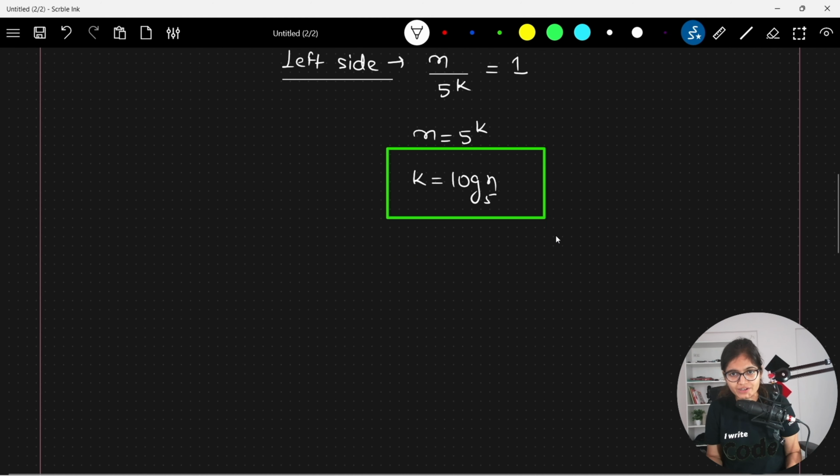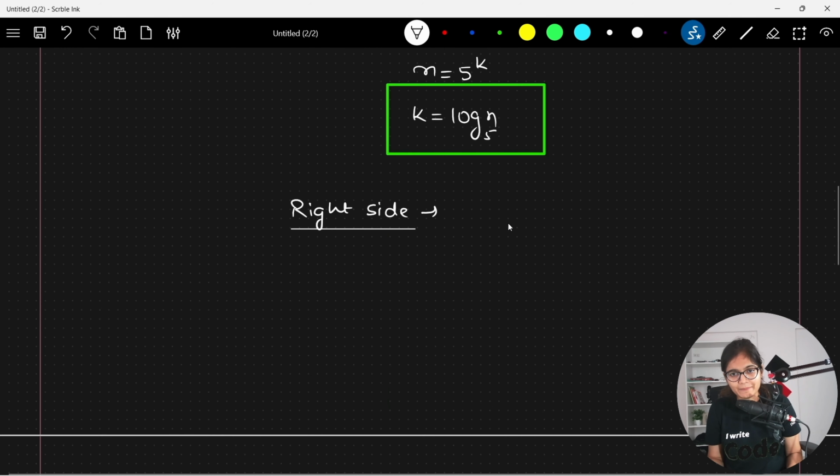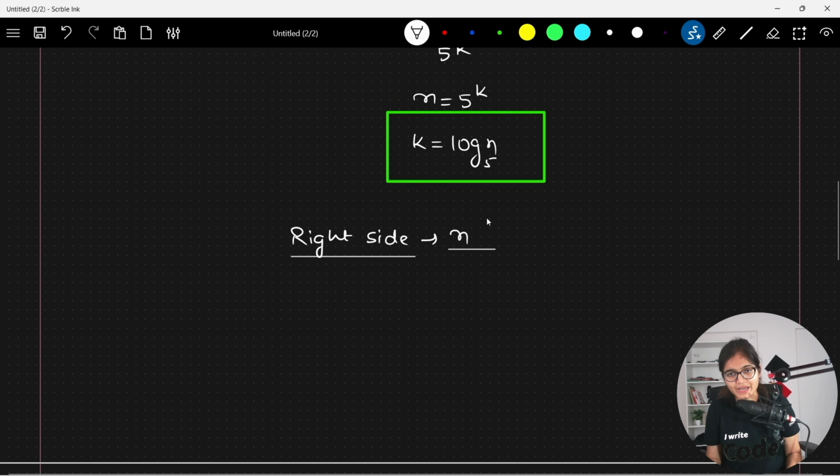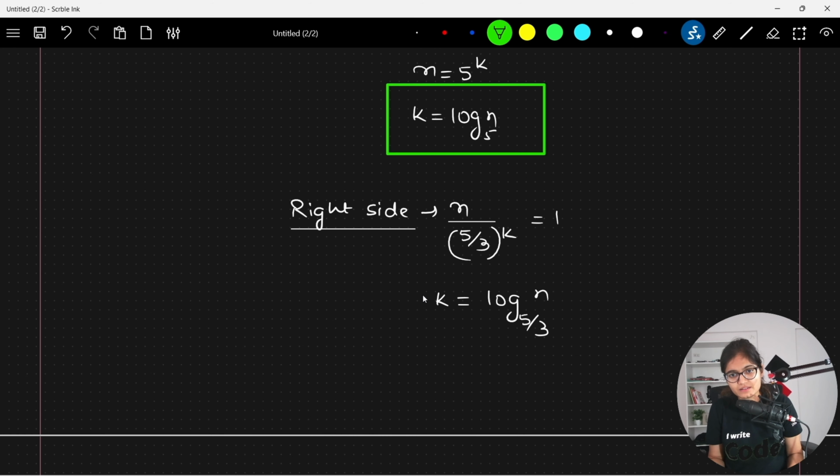Now let's move ahead to the next part, where we are looking at the right side, where we are trying to solve n by 5 by 3 to the power k, which is equal to 1. So here the value of k is log of n base 5 by 3. This is the second value which we are getting here.